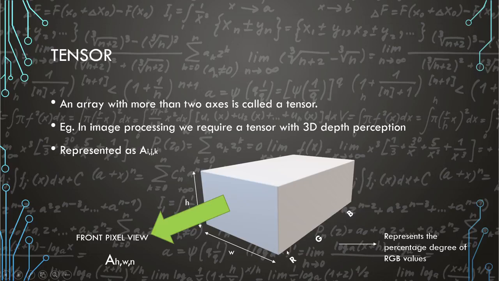Suppose red is some 35%, green is some 20% and the remaining amount is blue. The corresponding pixel's red, green and blue percentage combination will give a certain color, and that color of this pixel will appear on the front. In this way we have all the pixels, each pixel with its own RGB values. So this setup is known as a tensor.